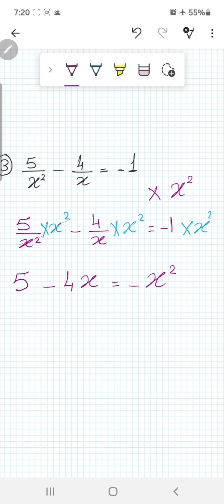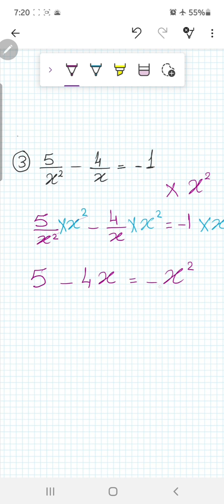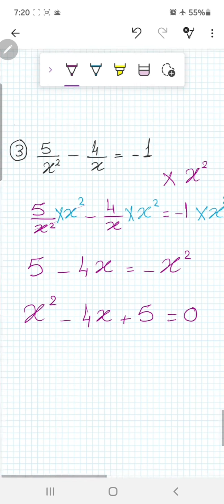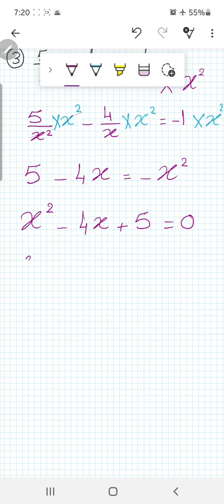Okay, move x power 2 to the other side by positive and order the equation. So x power 2 minus 4x plus 5 equals 0. Here we have the equation. So determine A, B, C. Okay, here A is 1, B is negative 4, C is 5.